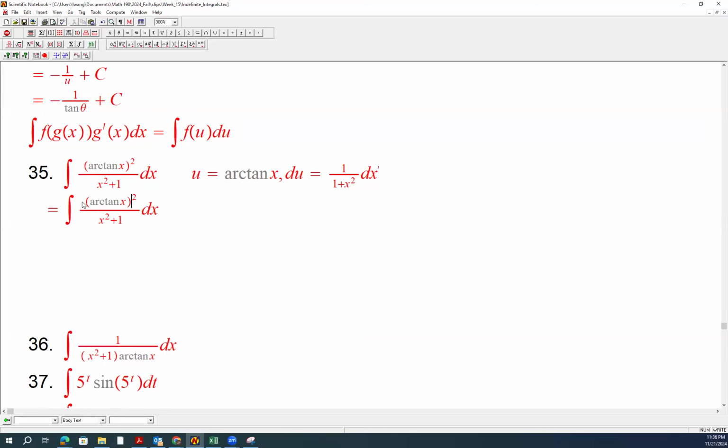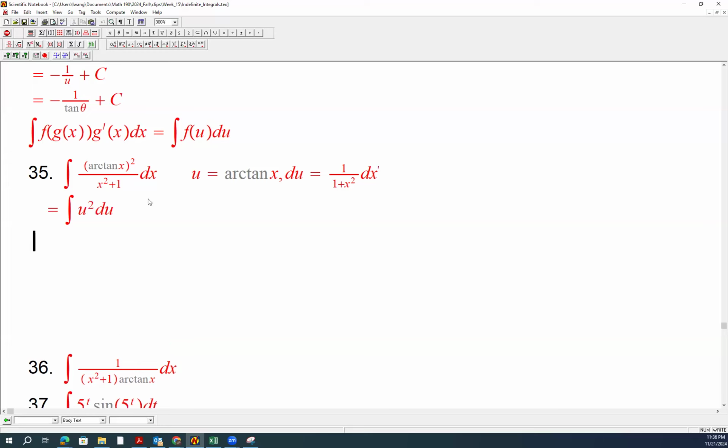In addition to that, we got to practice our algebra. So this is u squared, and that is du. We have it here, so it's just du. So that's just u squared, in other words, right?